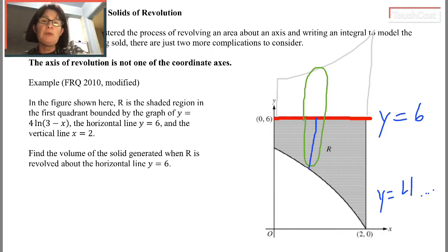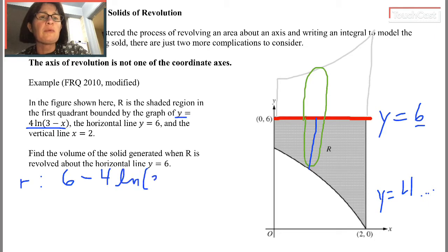So can I write an expression for the length of that blue radius? Yeah, because it's a vertical line segment. If I wanted to find its length, I'm going to subtract the top y value minus the bottom y value. Well, the top y value is 6, and the bottom y value comes from this function, 4 natural log of 3 minus x.